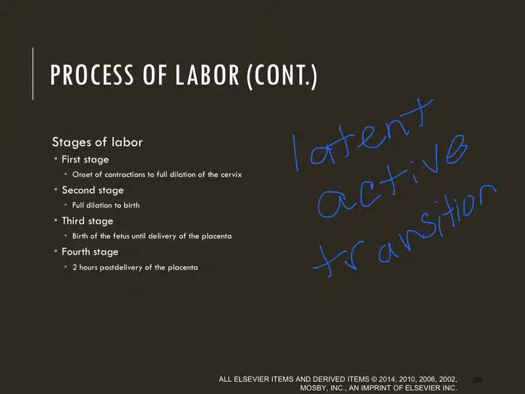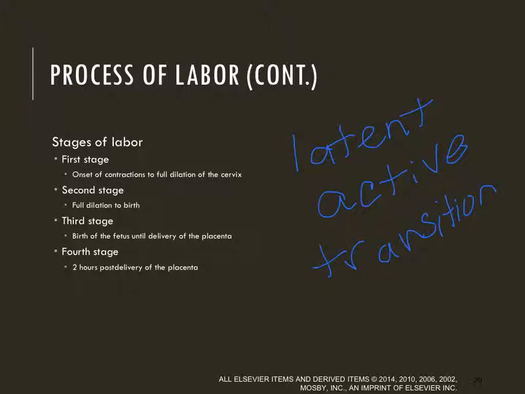We also have the second stage of labor. This is the time the cervix is fully dilated to the birth of the fetus. It also has two phases, latent phase and active phase, which is active pushing. So during the latent phase in the second stage, the fetus continues to descend passively through the birth canal and starts to rotate in an anterior position.